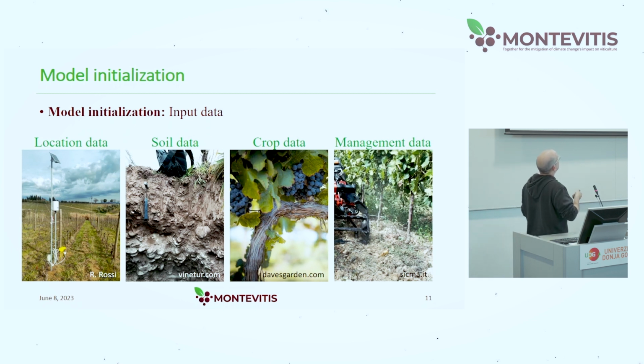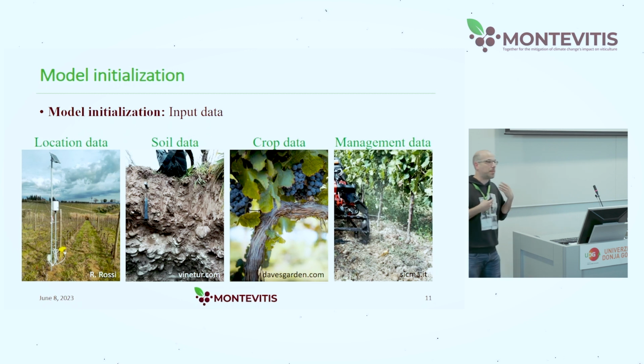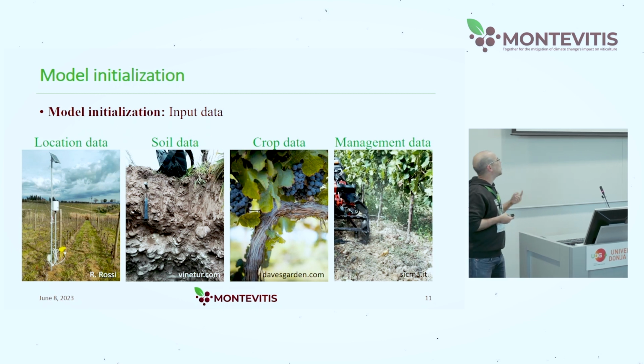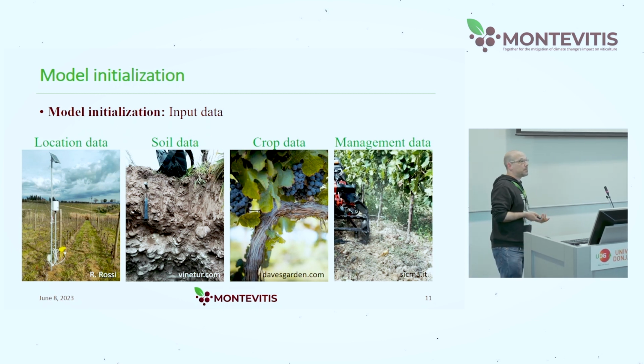And also we need some data related to management. Not only the management that we can see, for example, pruning, tilling, or so on, but also the training system or the distances between the different plants.